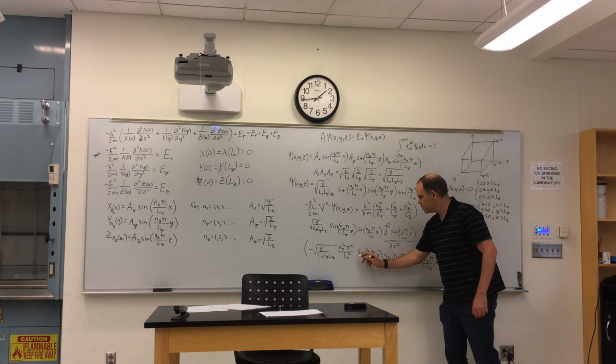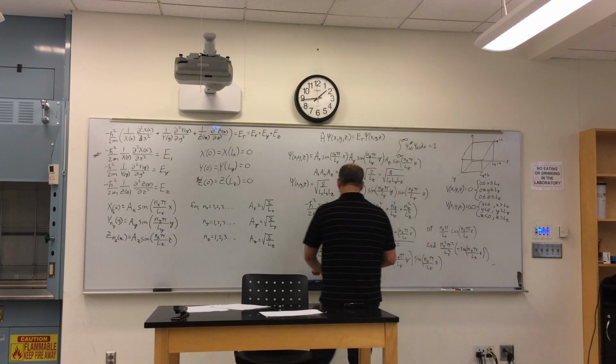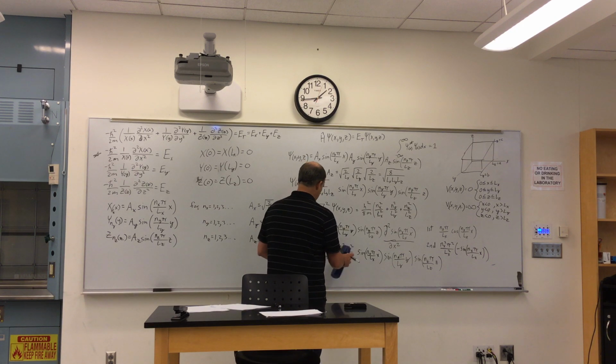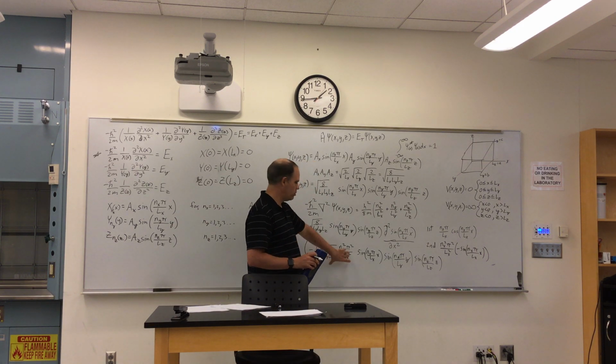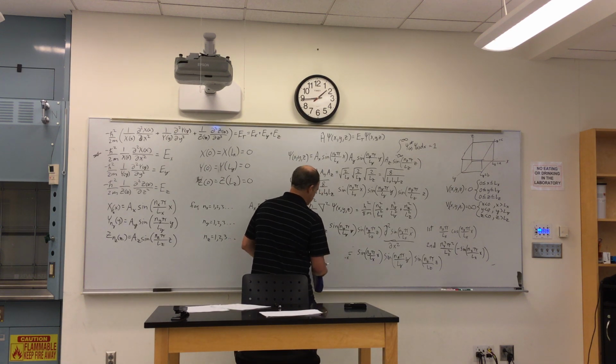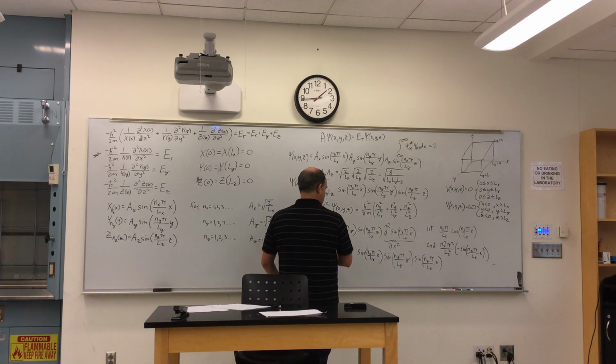Okay, this part. I move these two, switch locations of them. Alright. So nx squared pi squared over Lx squared, and then the square root of 8 over Lx Ly Lz.